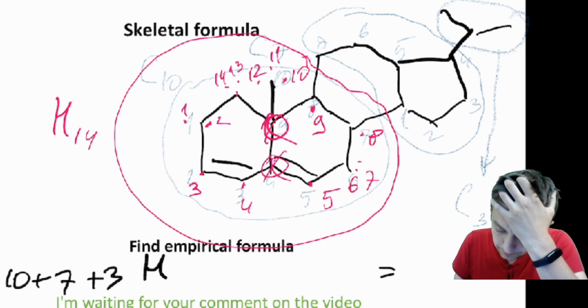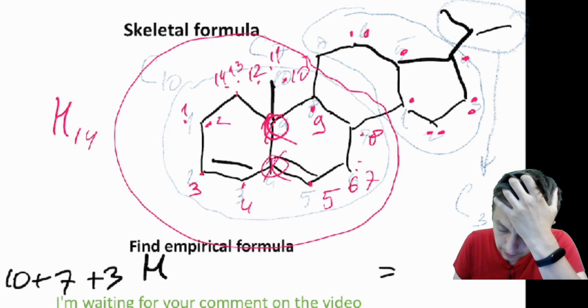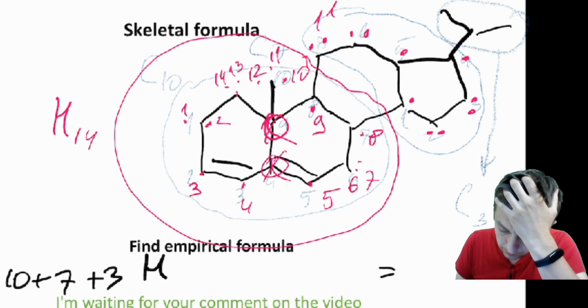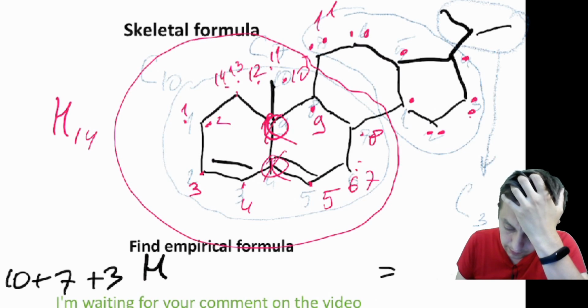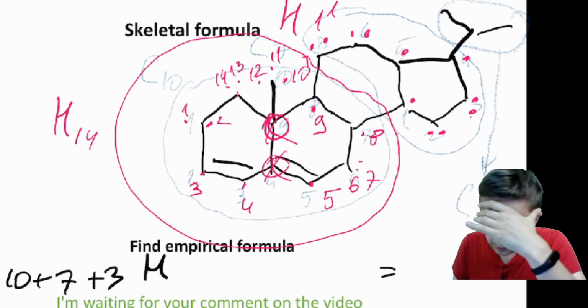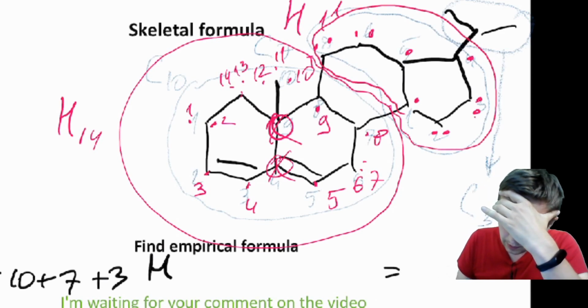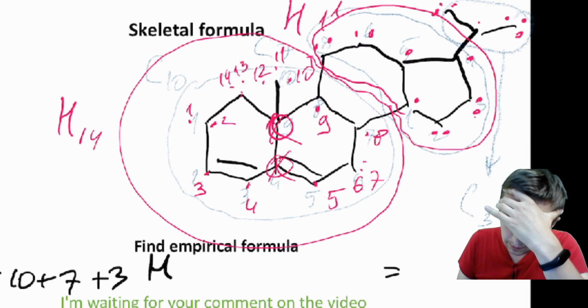Second fragment: 1, 2, 3, 4, 5, 6, 7, 8, 9, 10, 11. Let's count again: 1 through 11. H11 in this fragment. And the last fragment: 1, 2, 3, 4, 5, 6, 7. H7.